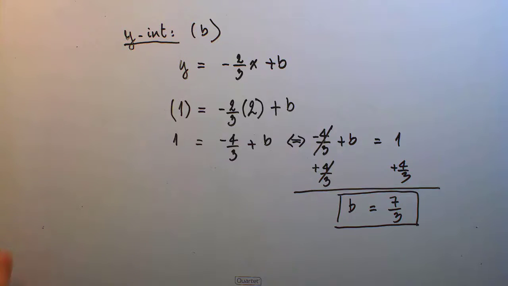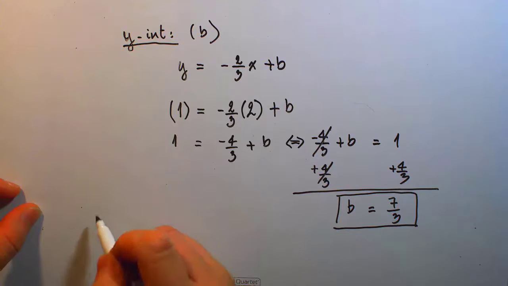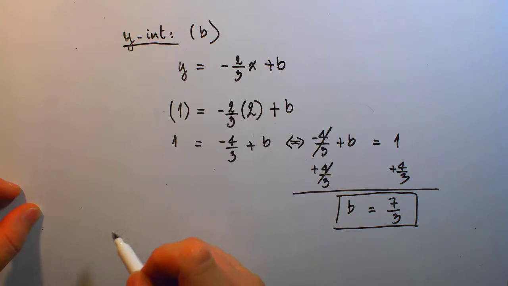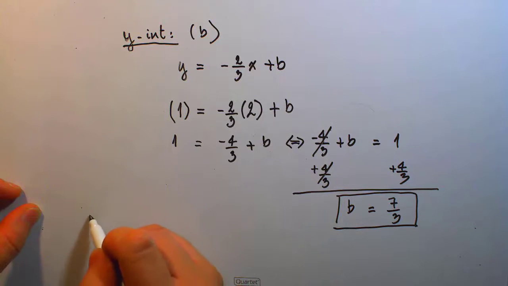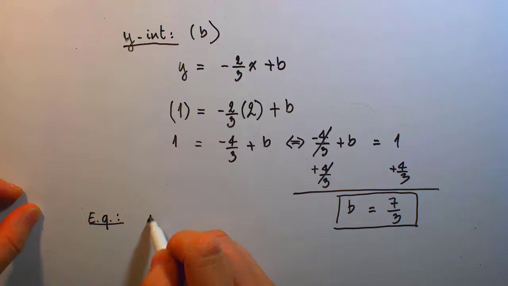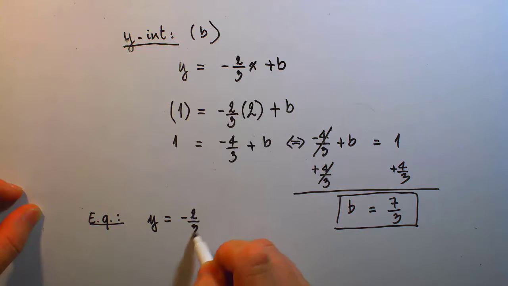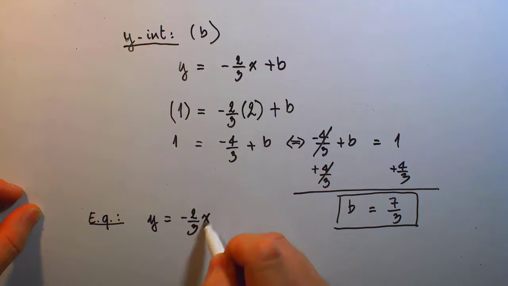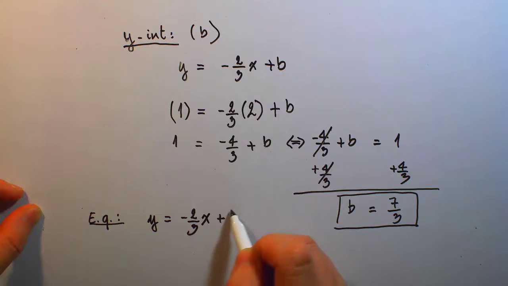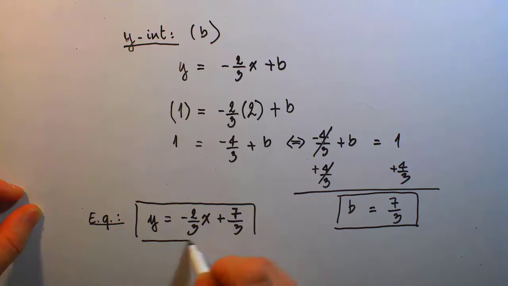And so, concluding our equation, if we are looking at just the traditional x and y equation, our equation is y equals the slope value, negative 2/3 that we found previously, times x plus the y-intercept value, 7/3.